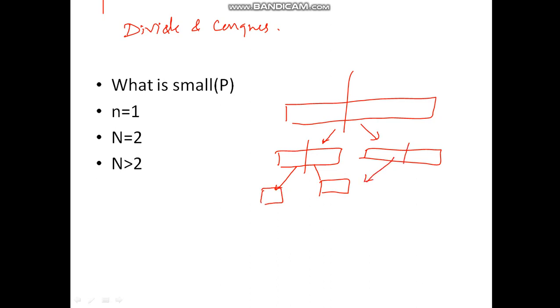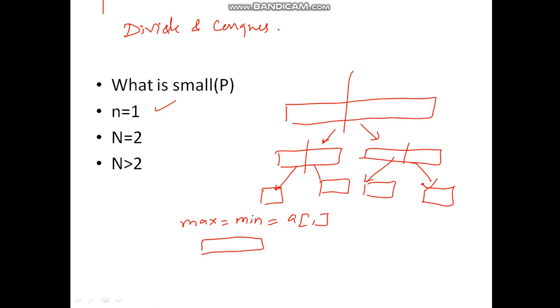Okay. So assume that your array has only one element. In that case, max is equal to min is equal to a of 1, because there is only one value in your array. If you have two values in your array, what you have to do is compare the first element with the second element.